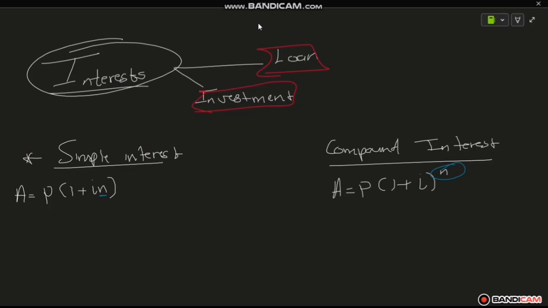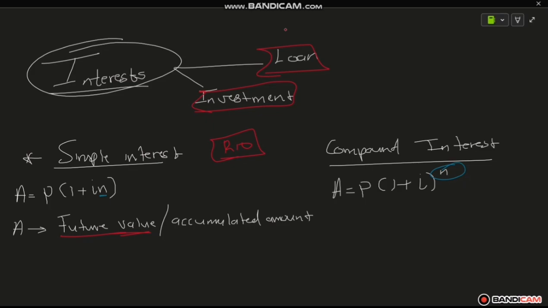I hope you see the difference. So that's how you differentiate simple and compound interest. A stands for the future value, the money that you will get in future after investing, or the money that you will pay in future. It is known as the accumulated amount or accumulated value, the future amount. I hope it makes sense.